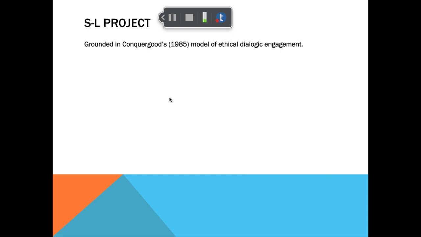And in that project, it's grounded in, and this is where communication theory comes in, and we would want you to apply communication theory in any of these projects you're developing. And so this is grounded in Dwight Conquergood's 1985 model of ethical dialogic engagement, and we're not going to go into detail on that. If you want to talk with me individually about that, then you can do so. And the key is that there's student engagement with these migrant workers.